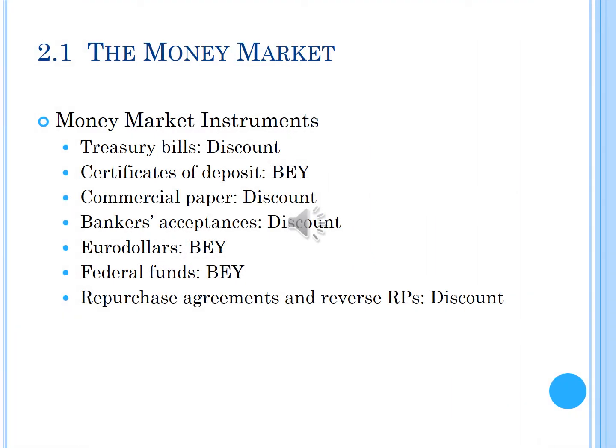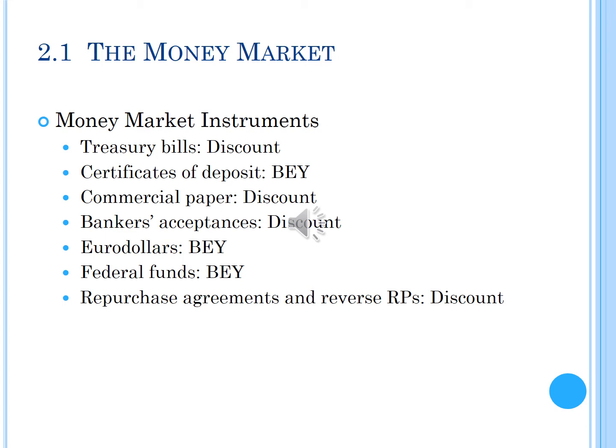Here is a list of the money market instruments that we've covered, associated with the appropriate model or formula that we're going to use to figure out the expected return on each one of them.